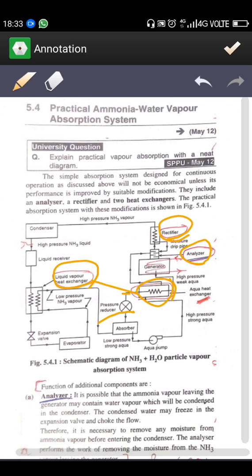So these are the extra parts which we apply to use the ammonia vapor absorption refrigeration system in practical life.